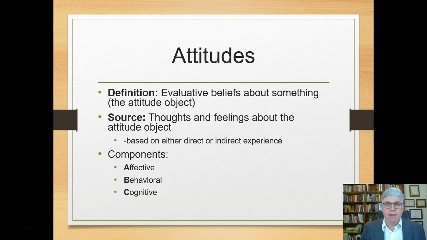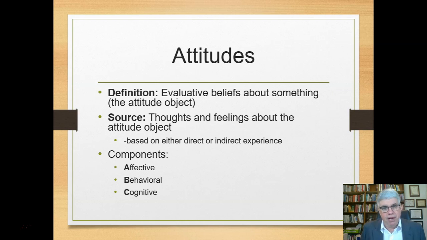For example, if I blow up at my children, even if it's completely unjustified, I might think, oh, they must have done something really bad to justify my behavior, and so I will imagine that they did something really bad. That way I can feel better about myself. So I can look at my behavior and figure out ways to justify it that will affect my feelings and thoughts, my affect and my cognition, which is completely illogical and morally unjustified.